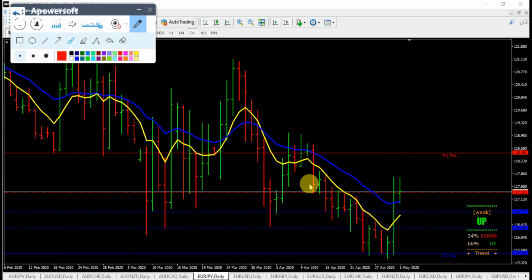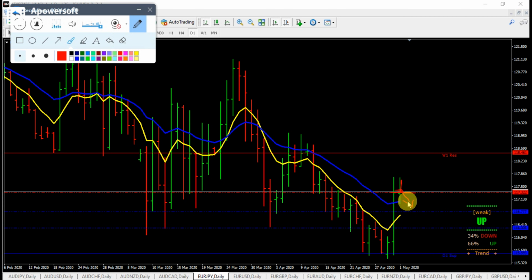The members who were in my paid group knew about that pair. We placed this trade from this support level and we caught this move last Thursday. As you can see here, it has already touched this resistance level and broken it, but when the market closed, it came down again, and now it's down from that resistance level.